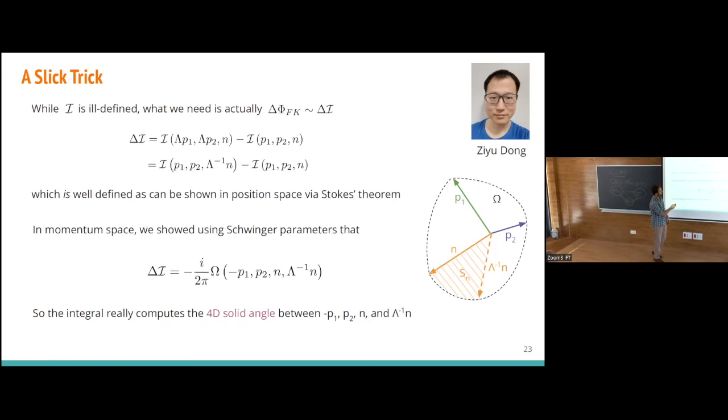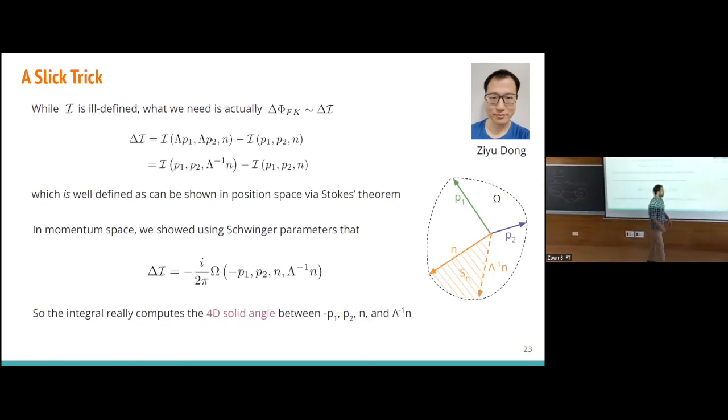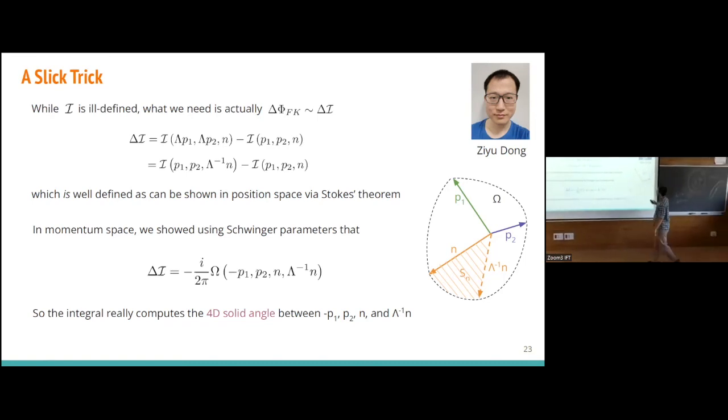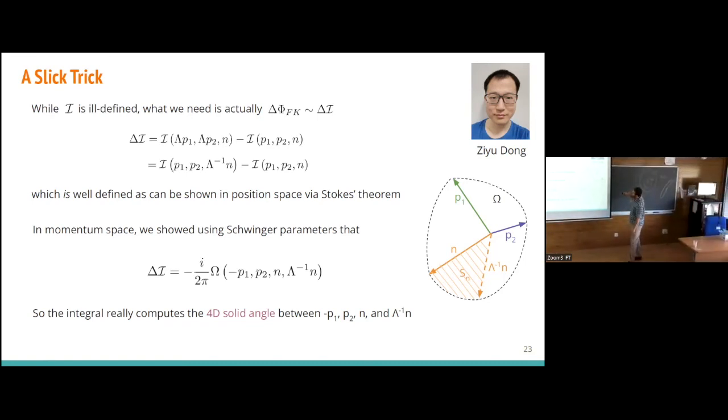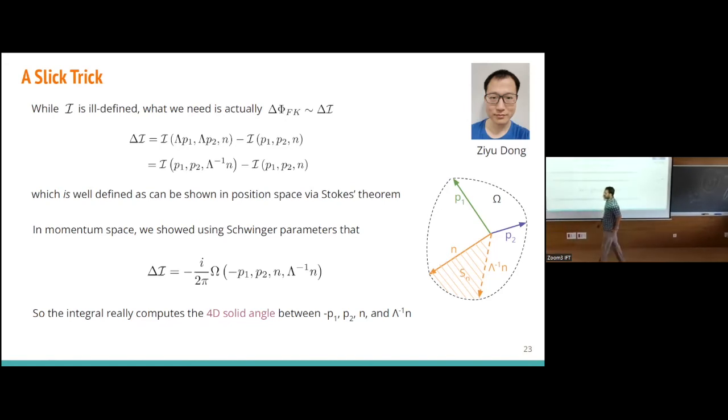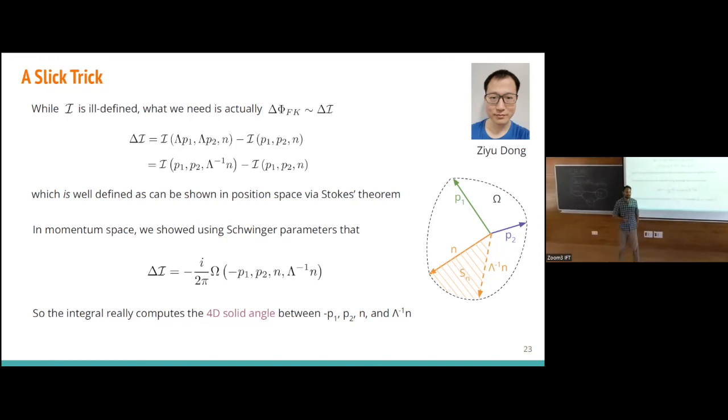And he showed through, in position space, through Stokes' theorem, that the result of this integral is nothing but the solid angle between the 4 different directions. The P1, the P2, the Dirac string before the Lorentz transformation, and the Dirac string after the Lorentz transformation.